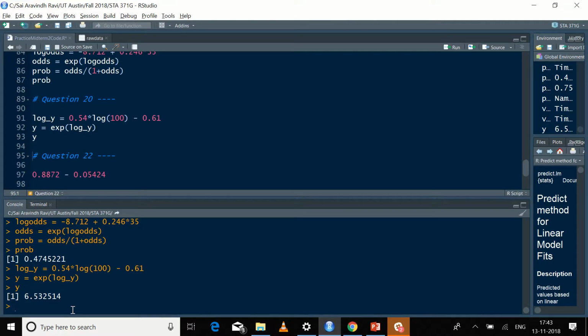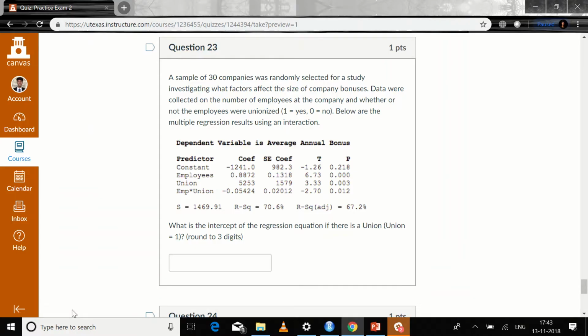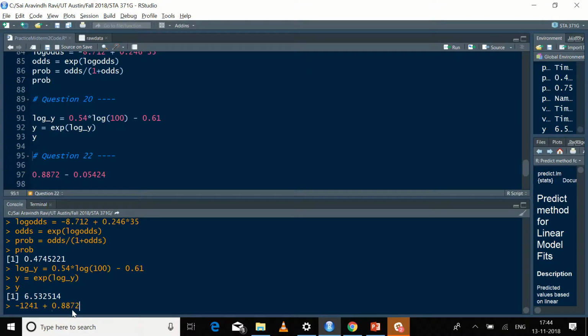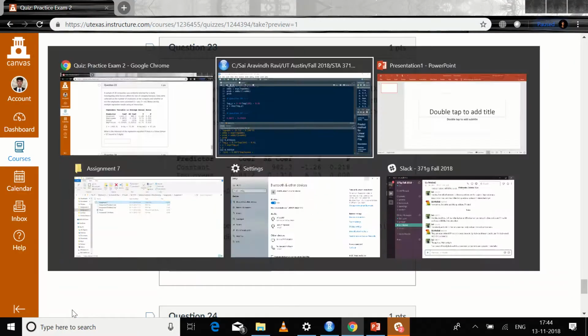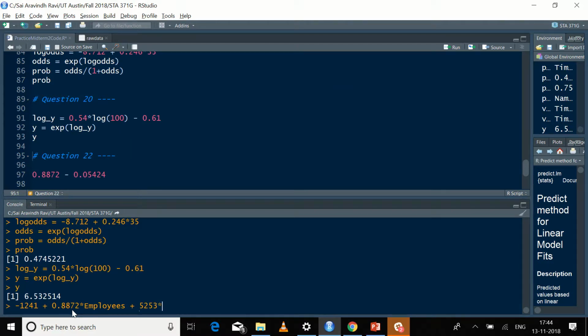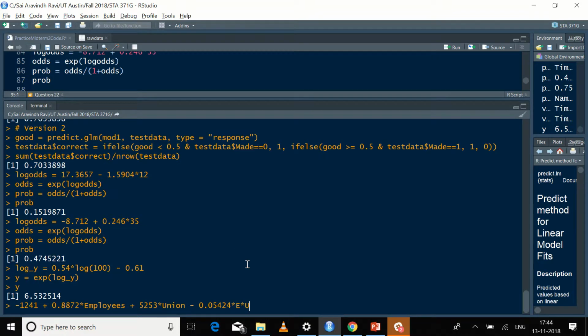Okay, so this is what the equation looks like. Minus 1241 plus 0.8872 times union, plus, oh no, number of employees, plus 5253 times union, minus 0.05424 times the interaction, or rather employees times union. Okay, so this is what that is.